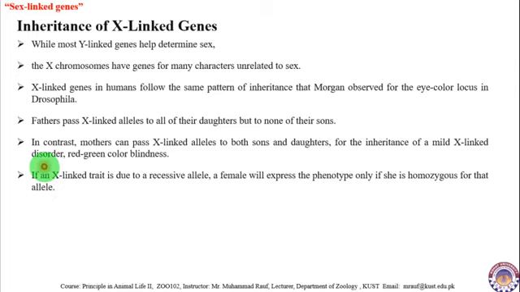One X chromosome will carry a normal copy, the other will carry a defective copy. The female will be healthy herself, but she will be a carrier. On the other hand, the male only has one X chromosome. So if the allele located on that single X chromosome is defective, the male will show symptoms of that condition.